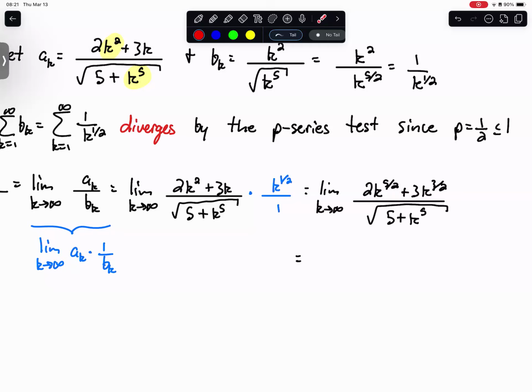So that means my highest power in the denominator is also k to the 5/2. Because the highest powers are equal, I get to read off their leading coefficients. Now notice I put the square root of 1 in the denominator, and that's because I'm emphasizing that the coefficient associated with that k to the fifth was inside of a square root. So in general, if you have another coefficient, that coefficient will be underneath that power. But in the end, I get 2 is my L.